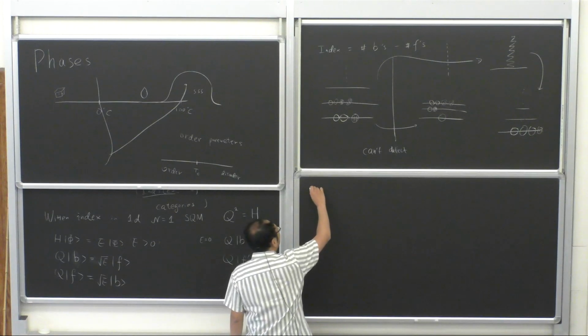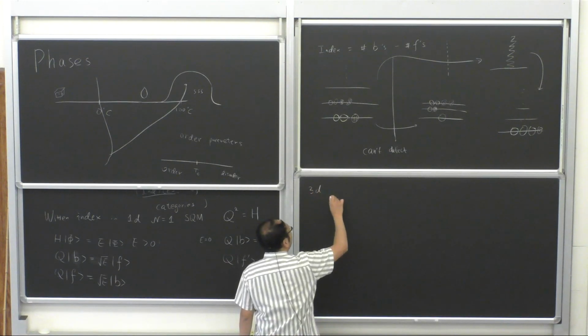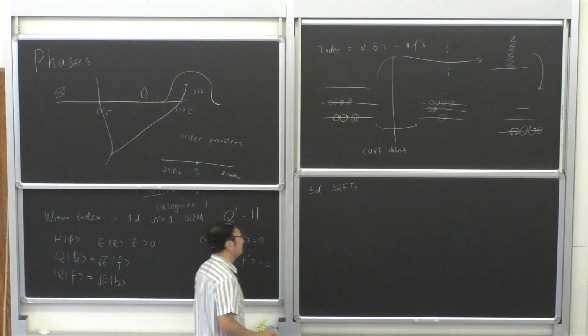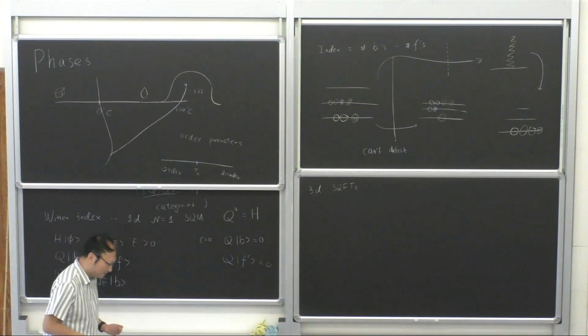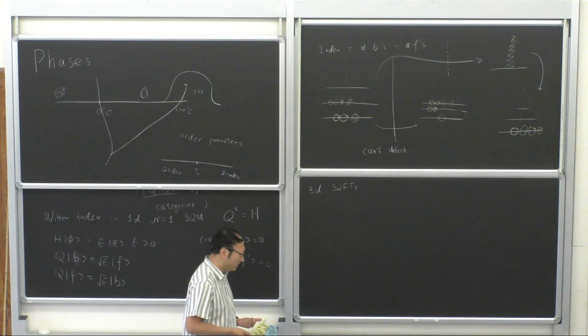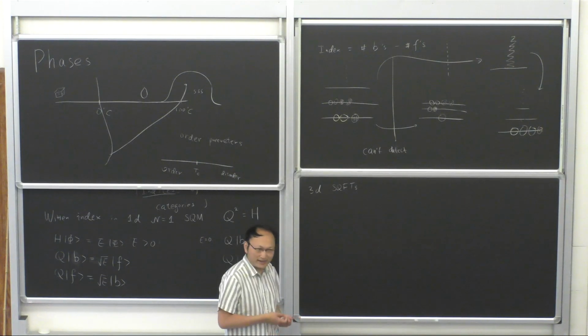Today, the focus will actually be three-dimensional supersymmetric quantum field theories. There, the structure of those theories is going to be more interesting, and they often have many real parameters.